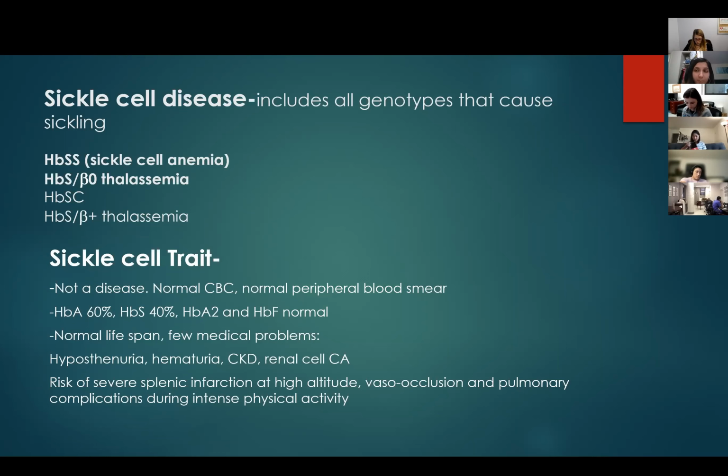And they're also predisposed to developing renal medullary carcinoma. And rarely, in extreme situations, they can experience severe splenic infarction. There have been case reports of this happening at high altitude, or they can have vasoocclusive crisis during intense physical activity, military training, just extreme conditions.